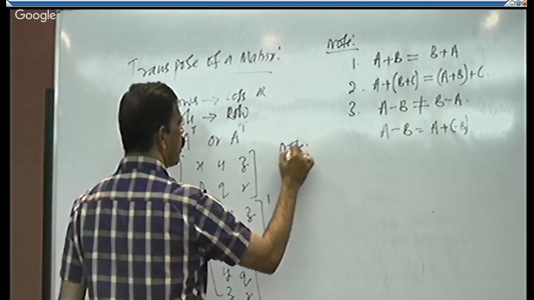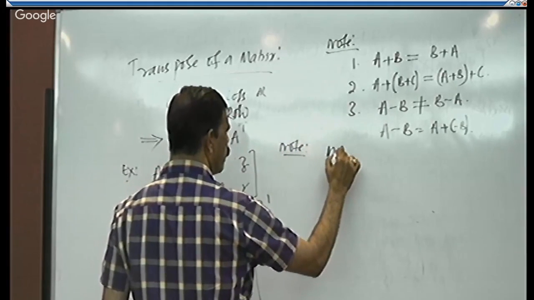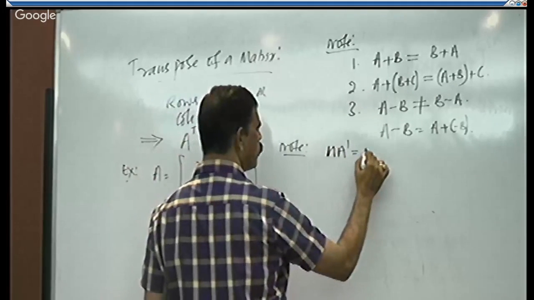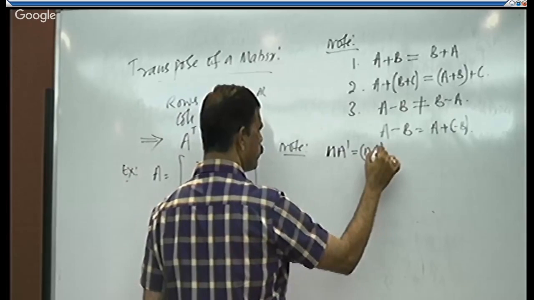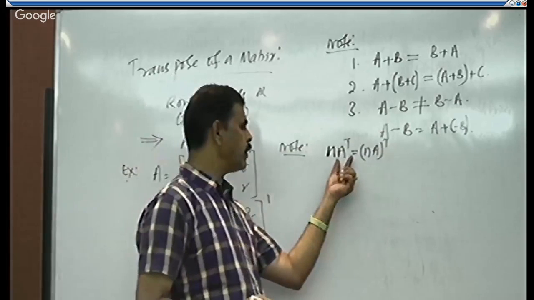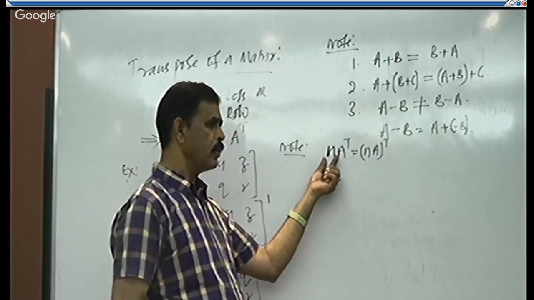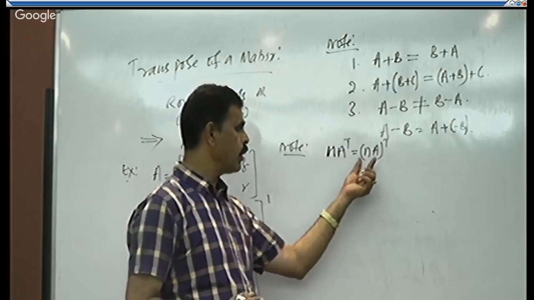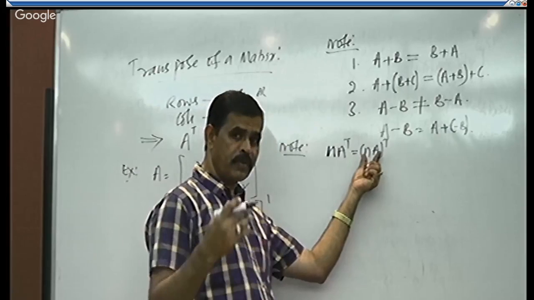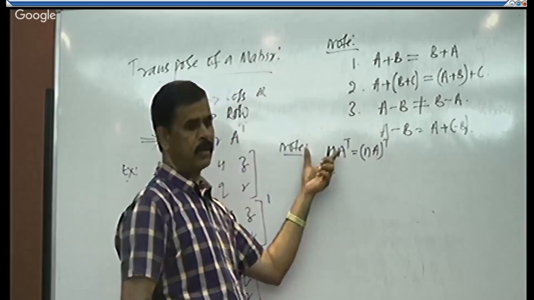Note a point. If I take n into A transpose, where n is any number, it is always equal to n into A whole transpose. Here we take the transpose first and multiply it by some constant, and some answer will be obtained. Instead, if I multiply the constant first and then transpose, you will get the same answer. Right?